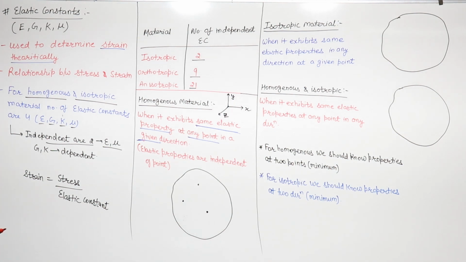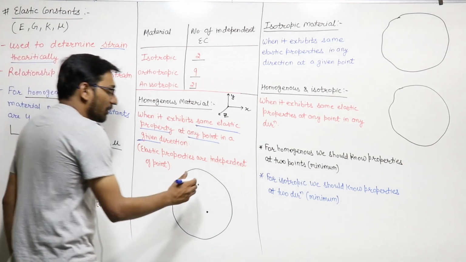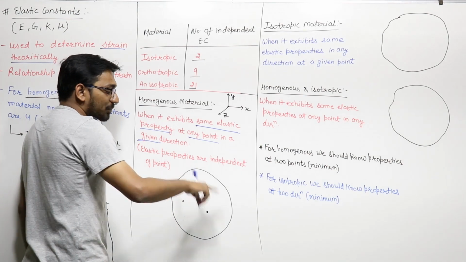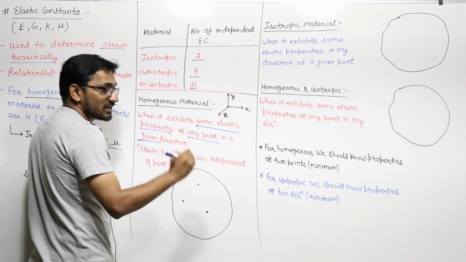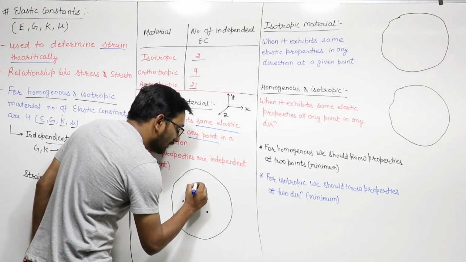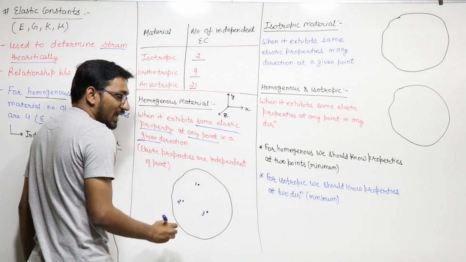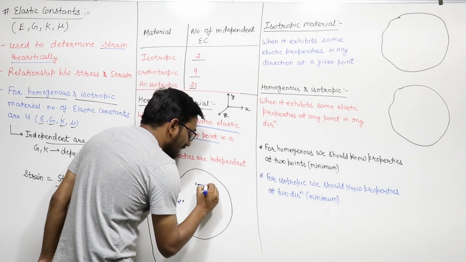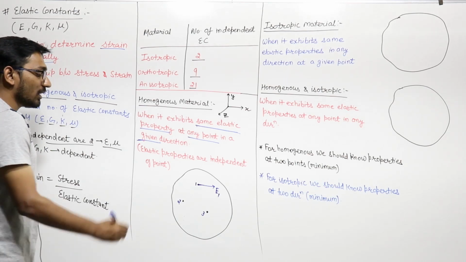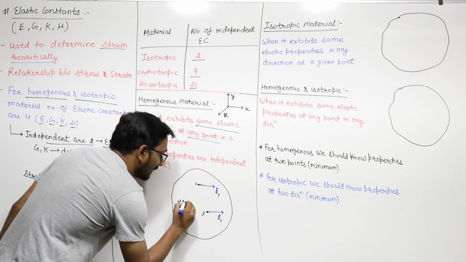So we can say if on these 3 points the value of elastic properties, if it is homogeneous, then in one direction at any point the value of elastic constants are same. Suppose in the x direction, this is point 1, this is point 2 and this is point 3. I can say in x direction, let us say the property is your E1. So at all the points the property in x direction it will be same, that is E1.